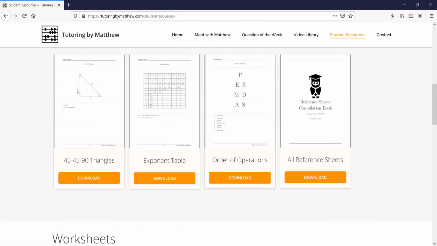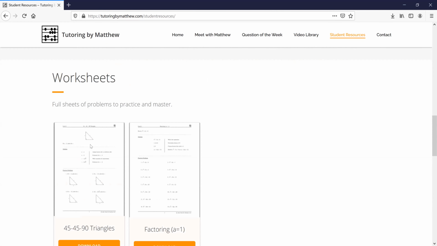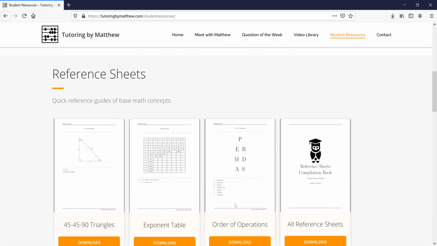The 30, 60, 90 is not up here, unfortunately, but it would give you the reference that you need for this problem. A lot of these are geared towards SAT, ACT stuff. So let me just draw it for you. I thought it was up here, but it's not today. I'll get that uploaded shortly.